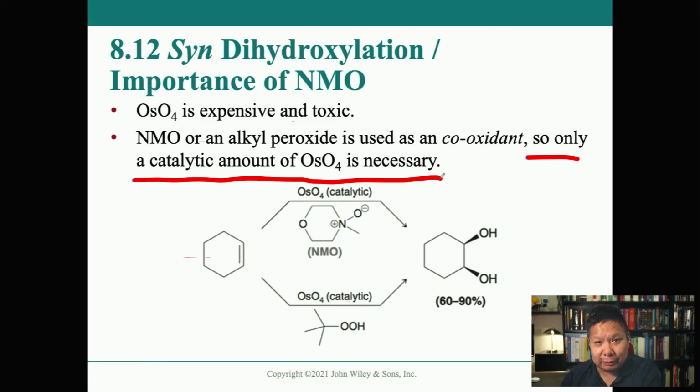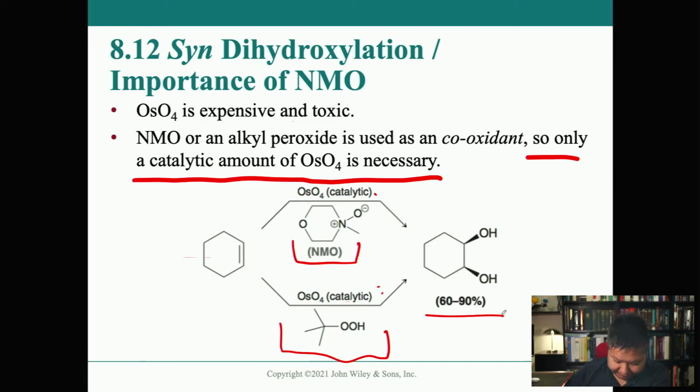It becomes what it originally was. It doesn't get used up. So this is the structure for NMO, and I do not remember what NMO stands for. And then we have here the alkyl peroxide, in the presence of catalytic amounts of osmium tetroxide, and you get 60 to 90% of the syn dihydroxylated cyclohexane.